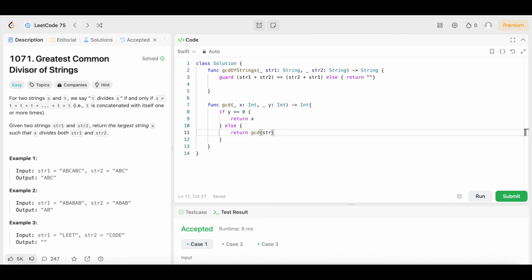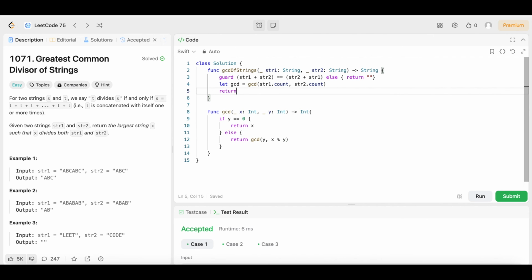Else, we'll return gcd of y, comma, x mod y. Sorry about that, I started over there. Then we're going to say let gcd equal gcd of str1.count, comma, str2.count. Then we return a string because we have to convert it back into a string.